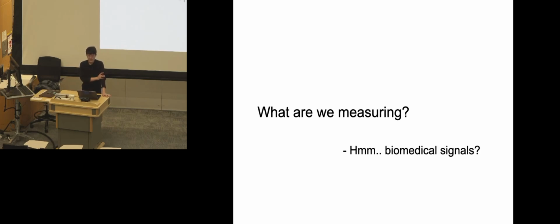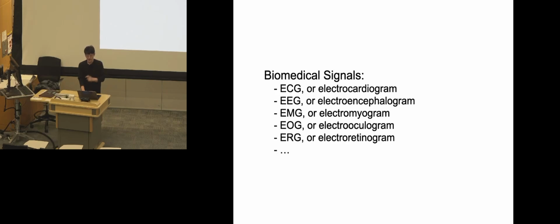So what are we actually measuring in most of these cases? Probably you'll guess biomedical signals, right? Or some sort of physiological signals from the human body that coordinate with how well your body is performing. And that is correct. There are a bunch of biomedical signals that we could collect, just like in the clinic.